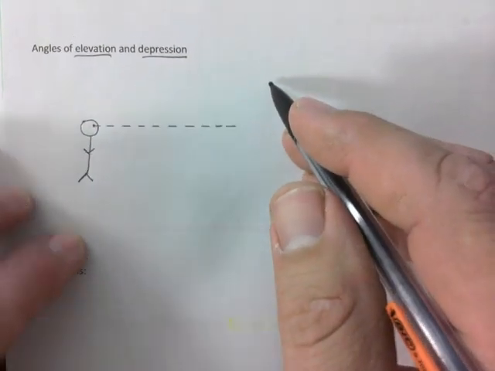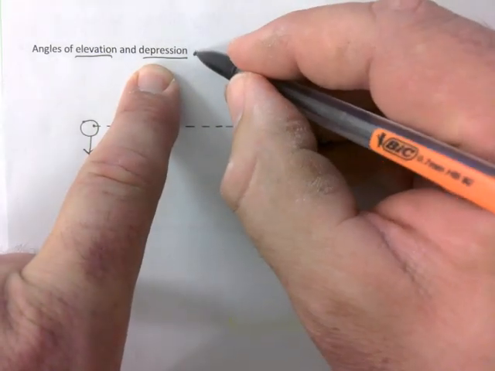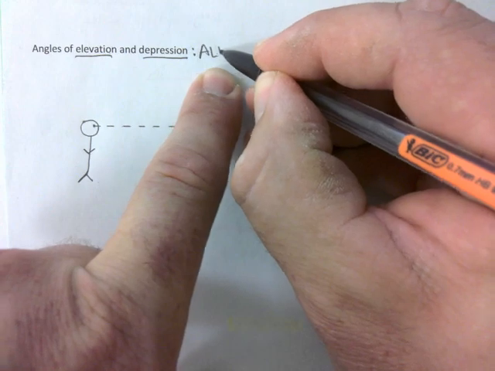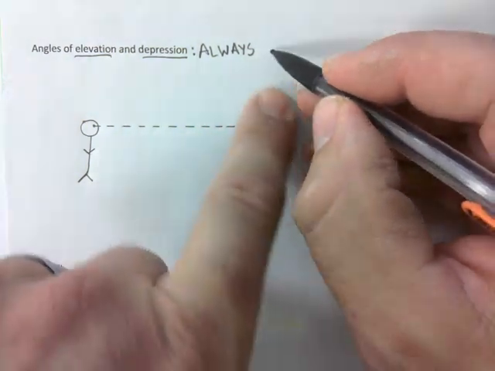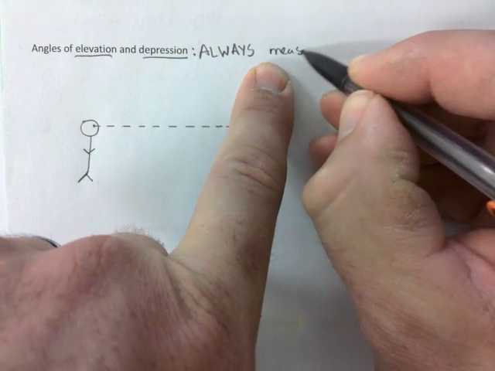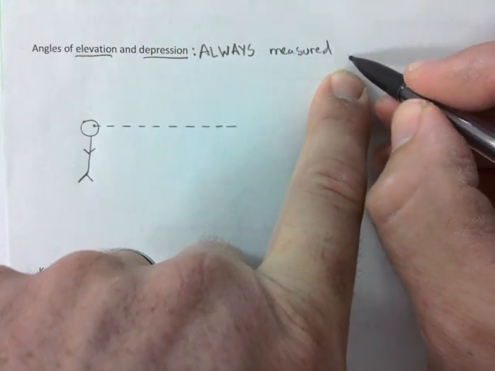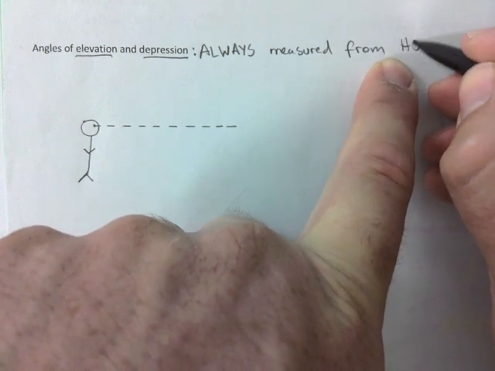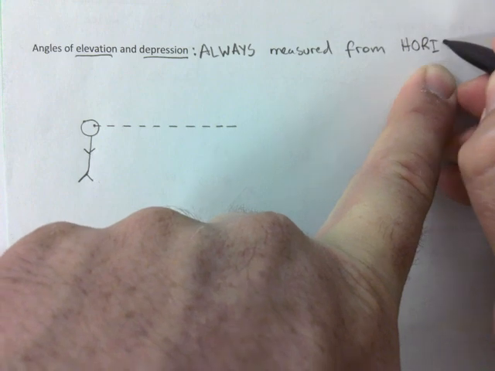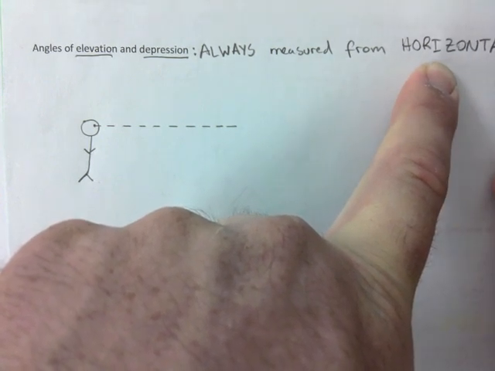Actually, before we even start, angles of elevation and depression, write this down. Always, this is just me giving you a hint here, always measured from horizontal. What is horizontal?